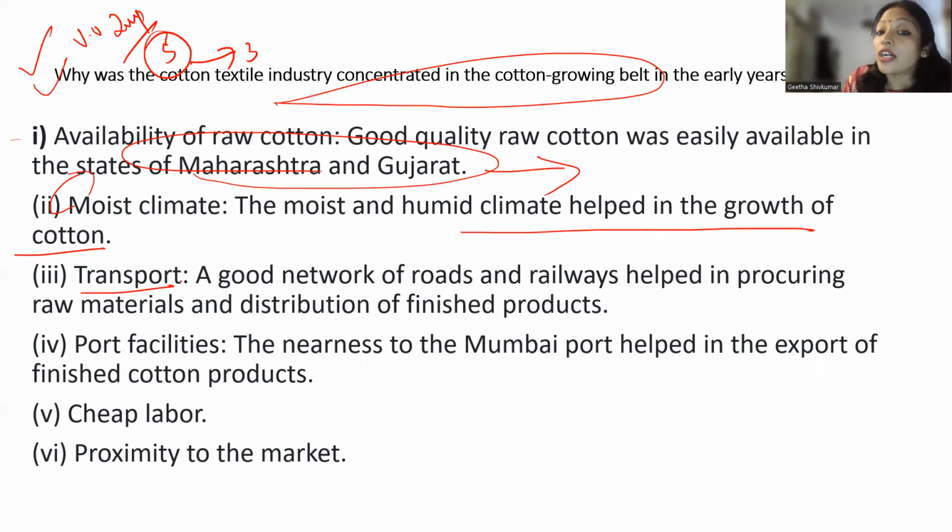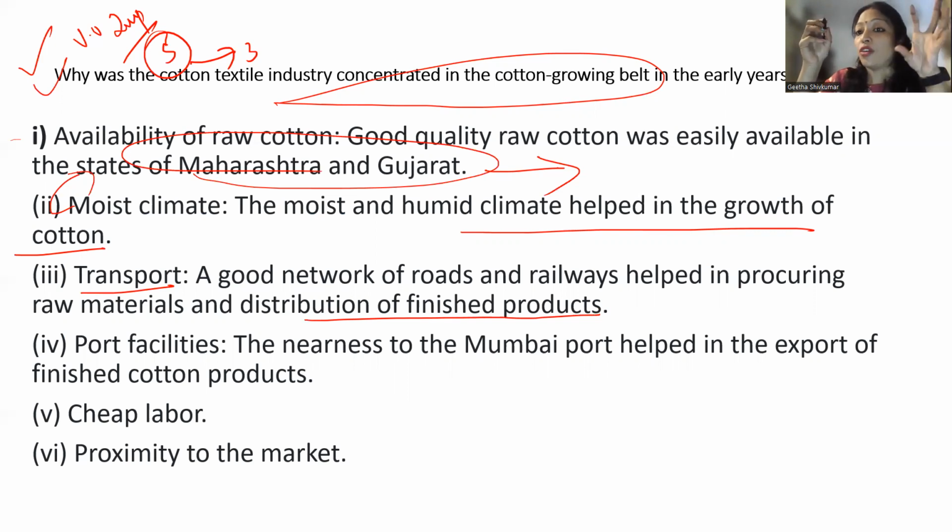Then transport: a good network of roadways and railways helped in bringing raw materials and distributing finished goods. As I told you in my previous video, if one person wants to open an industry, what factors will he look for? Any factory, whether cotton, jute, sugar, or iron and steel, these 3 or 4 essential factors everyone will look for.